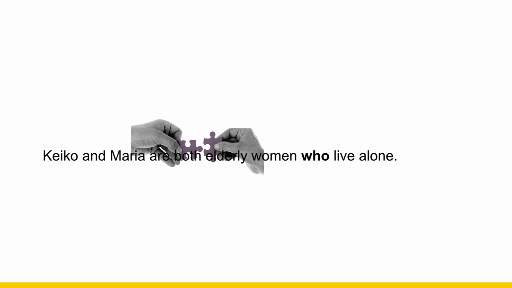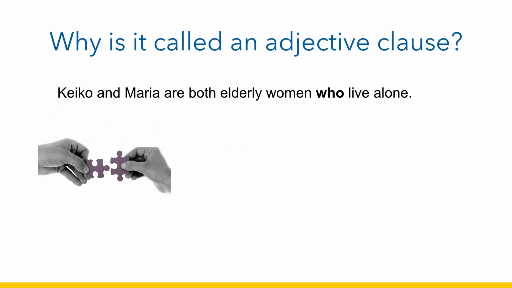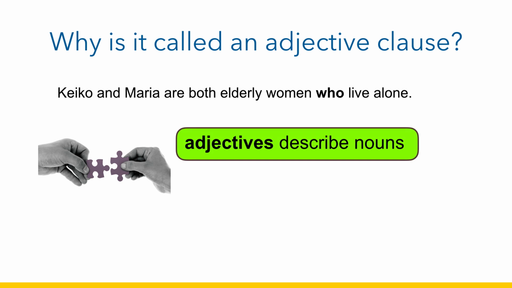But why is it called an adjective clause? You already know what an adjective is. An adjective describes a noun. For example, I could say Keiko and Maria are kind, smart, beautiful. Kind, smart, and beautiful are all adjectives because they tell us more about a noun.